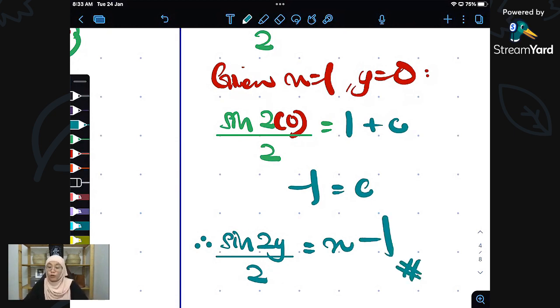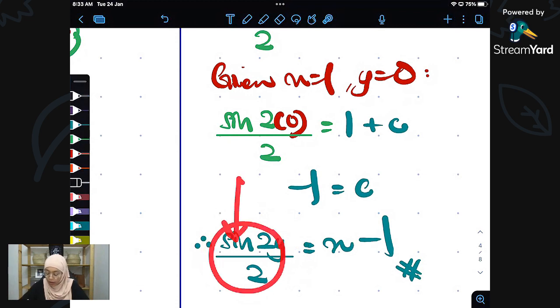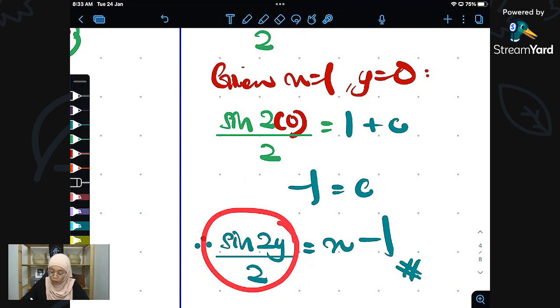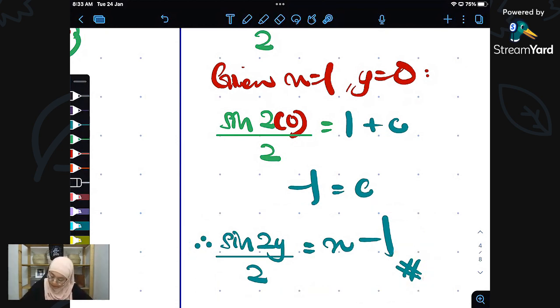We stop here. We do not need to make y the subject. We can leave any kind of y there, sine y, cos y, tangent y, or y squared, y cubed, whatever, on the left hand side. You stop here, you put a hashtag. That is your final answer.